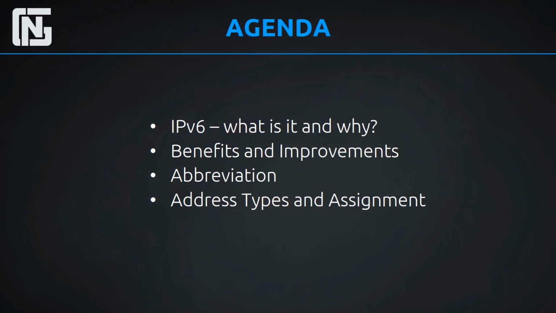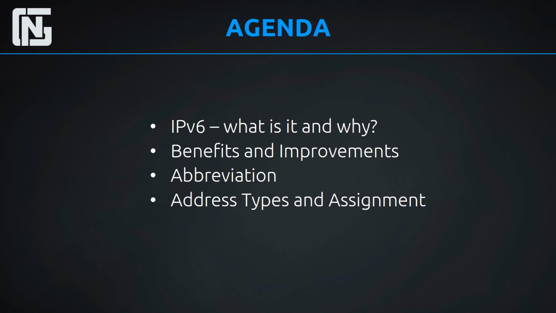We'll start out by discussing in a nutshell what IP version 6 is and why we are having to even talk about it right now. Then we'll look at some benefits and improvements of IP version 6 over IP version 4. Then we'll break down the address and look at how we can perform abbreviation to summarize a very long address in a much shorter context.